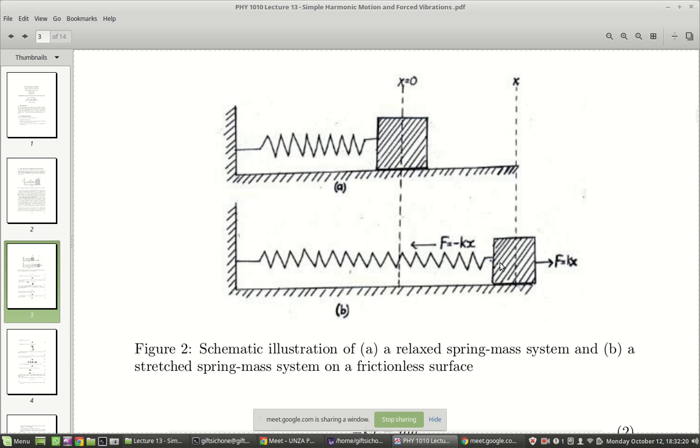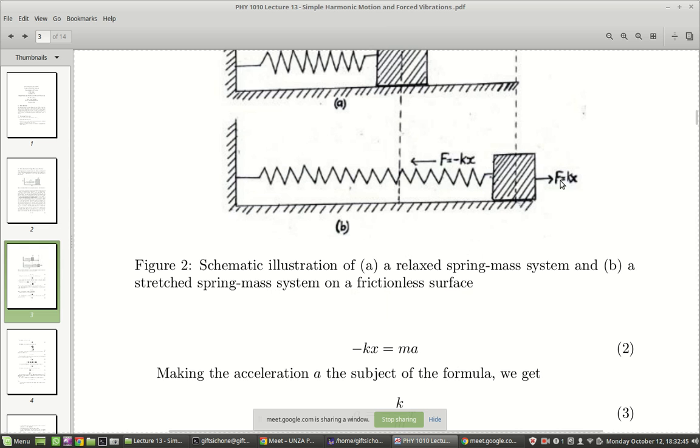So the moment you let go, so this force F equals kx, your pulling force disappears, then this force, F equals minus kx. The F equals minus kx exists because of Newton's third law of motion. For every action, there is a reaction which is equal but opposite.